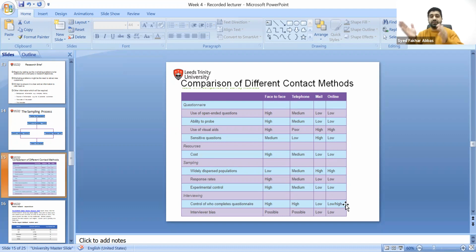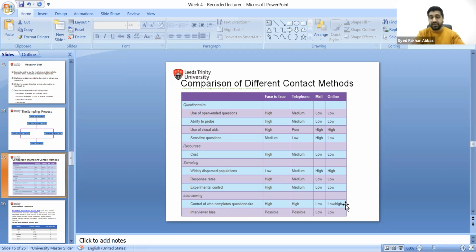However, compared to telephonic or face-to-face, it will vary. If we are doing face-to-face research, then the response rate will be high. At the same time, whether they like it or not, customers will respond immediately. When we talk about telephonic, it will be medium.